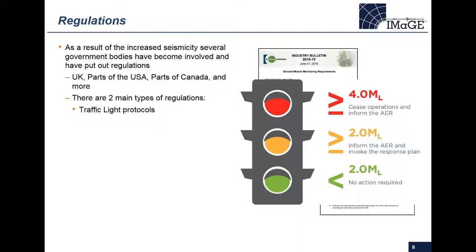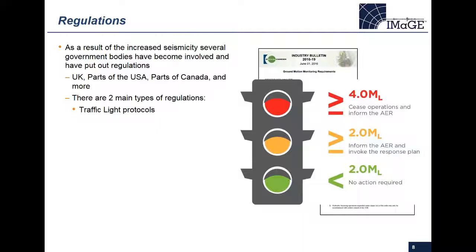So as they are fracking or disposing of wastewater, if they're generating events of less than magnitude 2, it's deemed safe and okay in this area, and they can proceed as they were, operating. However, as soon as they start seeing events of greater than magnitude 2 and less than 4, we move into this yellow light region.